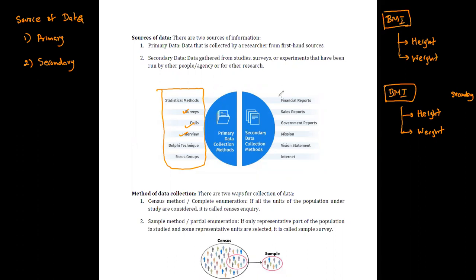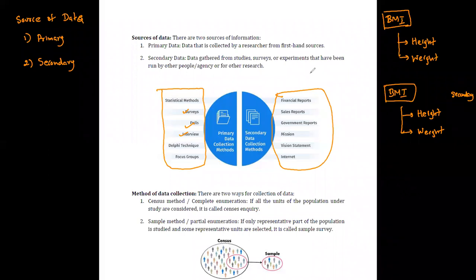Here, some data collection methods for secondary data have also been included. But the most important thing that you have to follow when you are using secondary data is, first you have to get the access or permission from the relevant authorities and the relevant personnel who own this data.